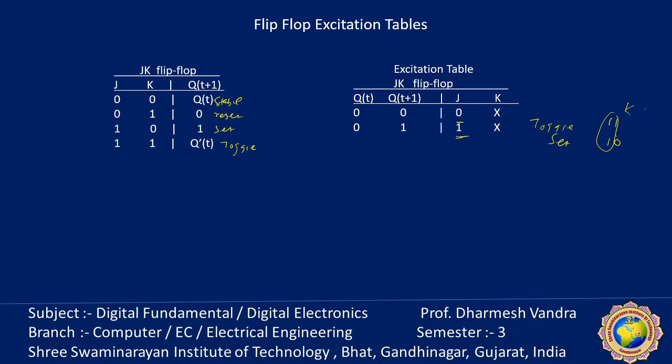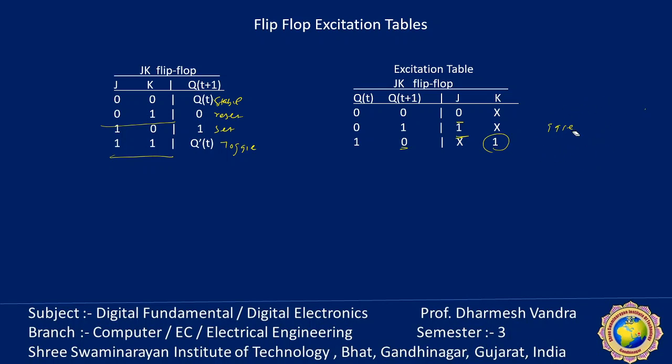Next is 1, 0. So in 1, 0 again, toggle is there and the next output is 0. So it is reset. Toggle means 1, 1. Reset means 0, 1. So in both combinations K must be 1. J may be 0 or 1, so it will be a don't care.